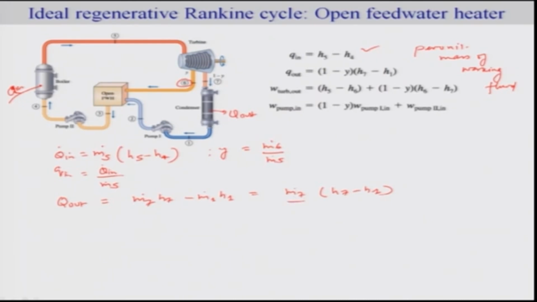M dot 7 here is nothing but 1 minus y times m dot 5, so Q out is that times H7 minus H1. This is because a fraction of 5 goes to 6 and the rest of them goes to the 7th stream. So 1 minus y is going to be m7 by m5, okay. So this is your Q out. Thus your Q out per unit mass of working fluid is 1 minus y times H7 minus H1.